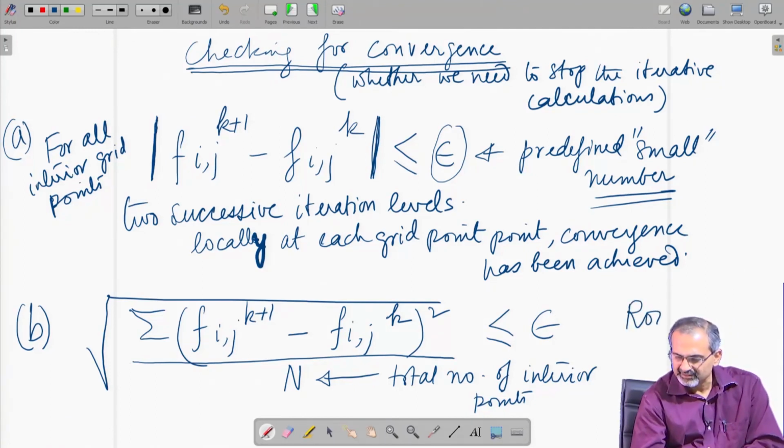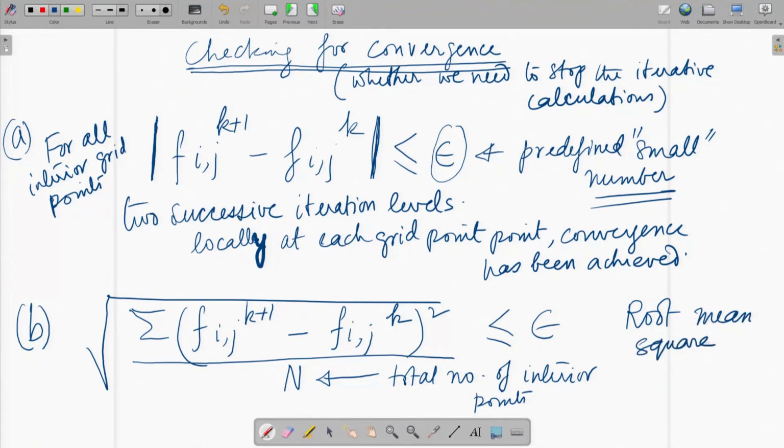So, this is an assessment of the so called root mean square iteration error, and this is in a way a measure of the global error, because you are taking the errors from all the points and collectively defining an error metric, so that we can collectively represent the errors through a certain value. So, this would be called the root mean square estimate of the error.